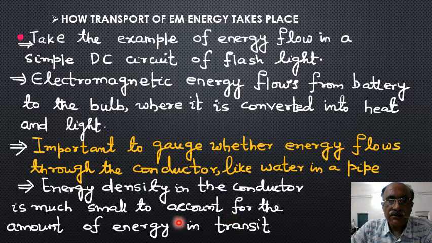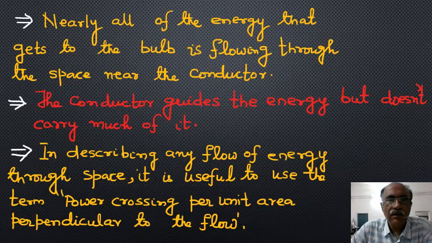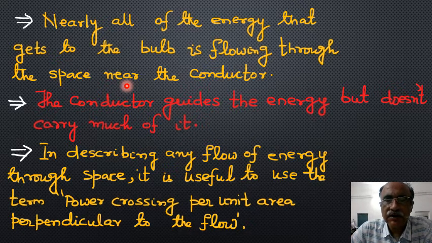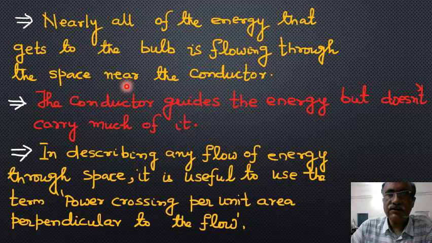It is surprising to note that the energy density in the conductor is much too small to account for the total energy in the transit process. Nearly all of the energy that gets to the bulb is flowing through the space surrounding the conductor. So essentially the conductor is a medium which guides the energy, but it does not carry much of the energy.